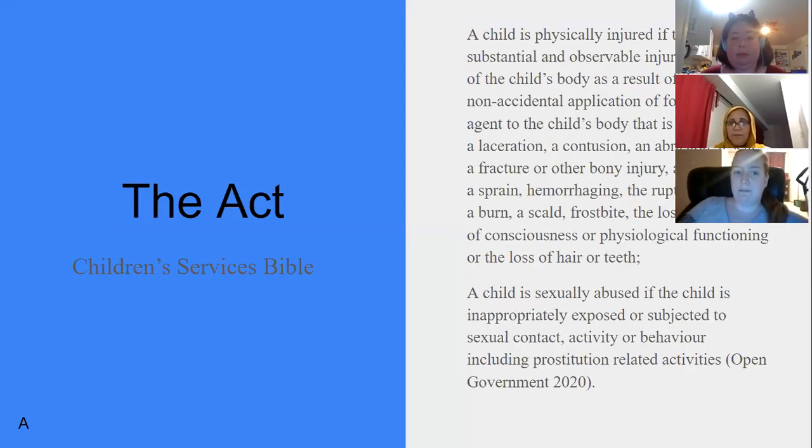Okay, so the act is basically what Children's Services has to follow in order to open a case. When there is an allegation of abuse to a child, there has to be evidence that the abuse actually happened.